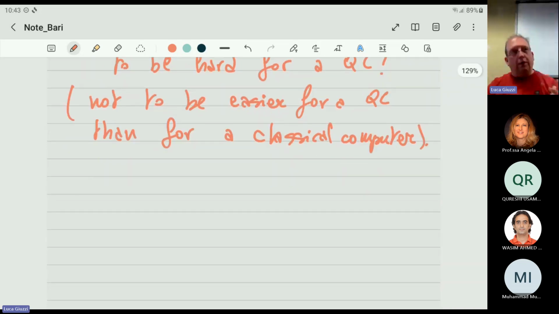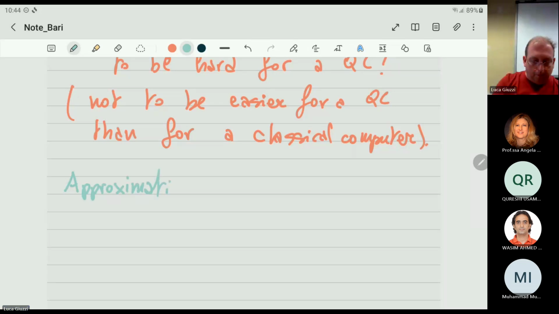And in order to address this question, basically we have to study classes of problems which are related to approximation. What people deem to be true is that these are approximation problems.